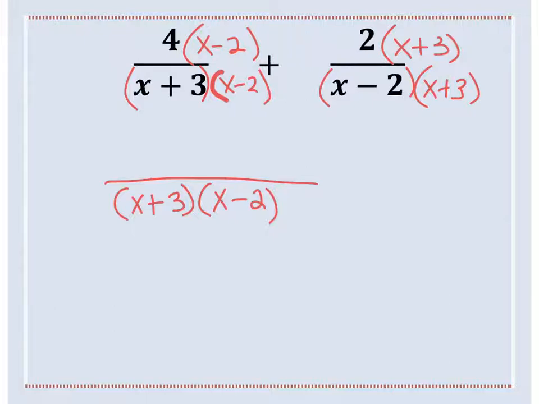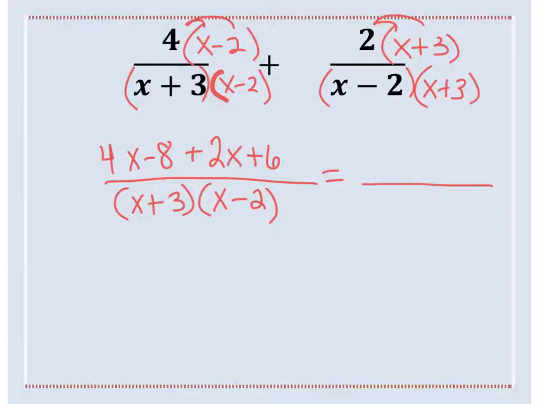Now on that first one, that 4 times x minus 2, I'm going to distribute into that, and I will have 4x minus 8. This is a plus sign, so luckily I don't have to change any signs, it's plus. I'm going to distribute on the second fraction, and I have 2x plus 6. Now to combine like terms.